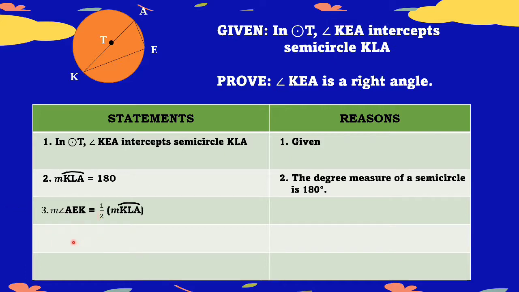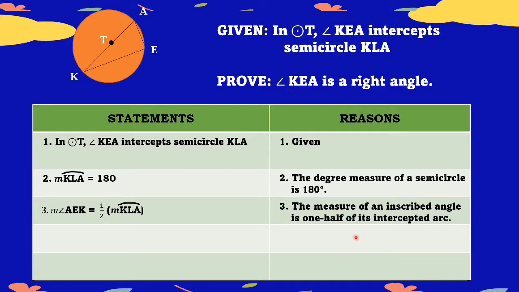The measure of angle AEK is equal to 1/2 of the measure of arc KLA. Since angle AEK is an inscribed angle, its measure is 1/2 of its intercepted arc, which is arc KLA.